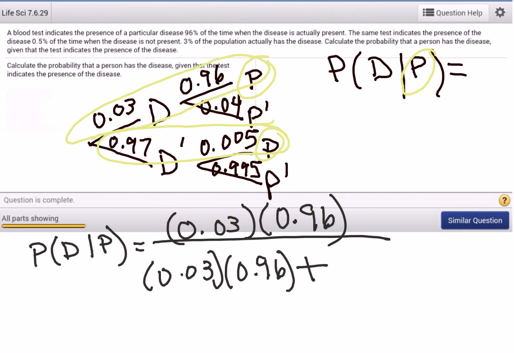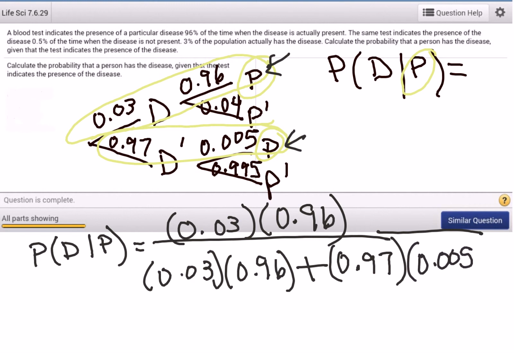Plus, now we have to look at this other one, because it'd be here or here. That's the complement: the test would show that it's present, but the disease would actually not be present.